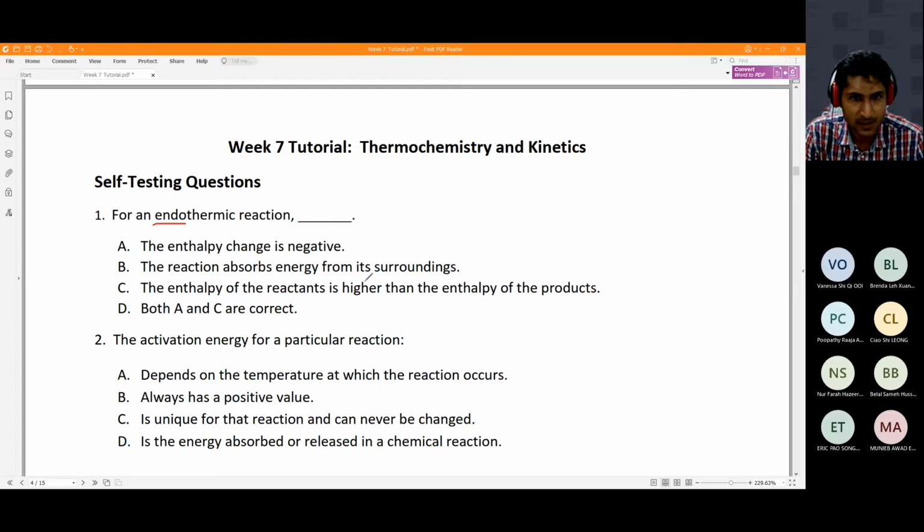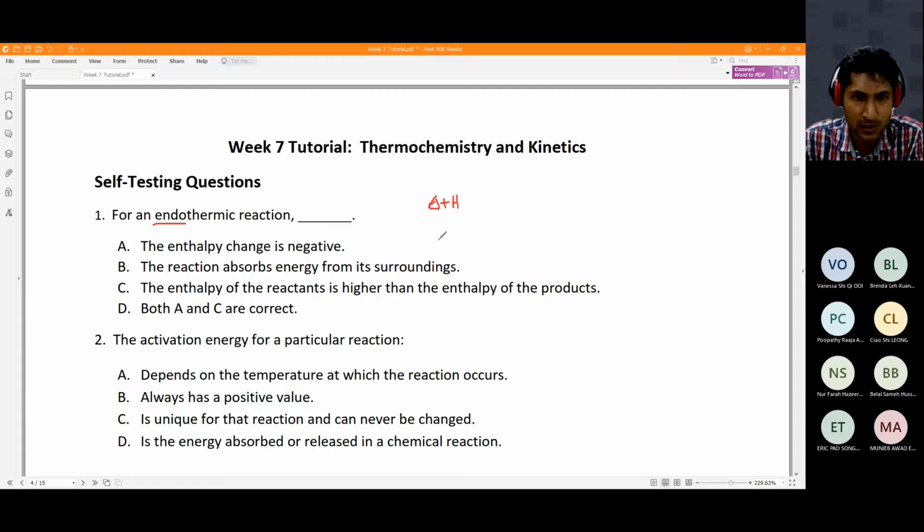So the heat will be absorbed from the surroundings. And the enthalpy change is negative? No, it is not. The del H is positive for endothermic, right? So that is how we know we have to provide heat.